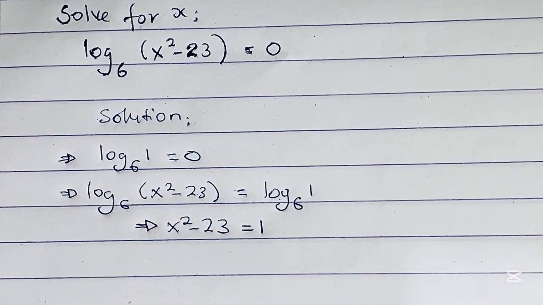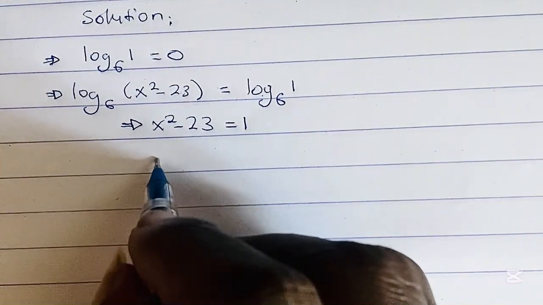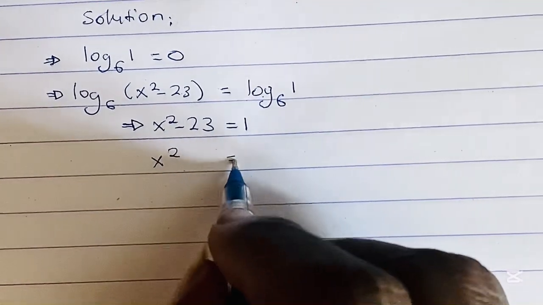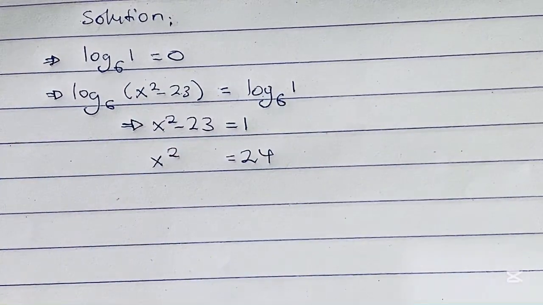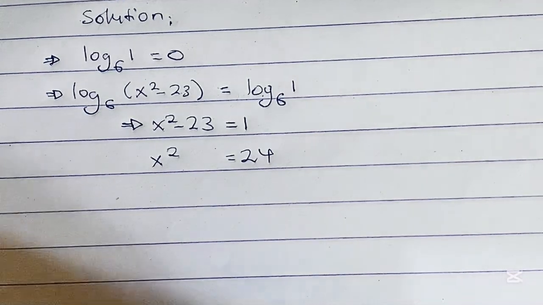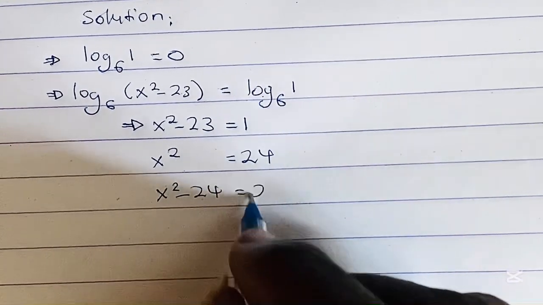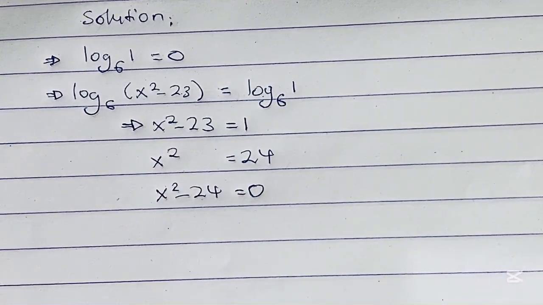So from there we are going to collect like terms. So x squared is equal to 24. So we can bring 24 to the left hand side. So x squared minus 24 is equal to 0.